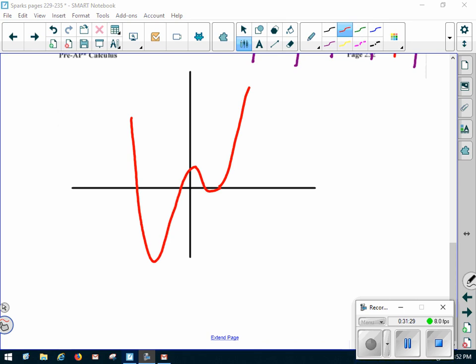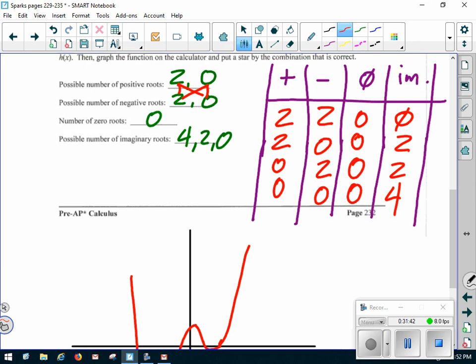But as Kendra said, even if the graph was tangent, that'd still be 2 positive real roots. So which of those rows is true? First one. It's the first one. That's the row that works. That's the row that's right for that particular graph.